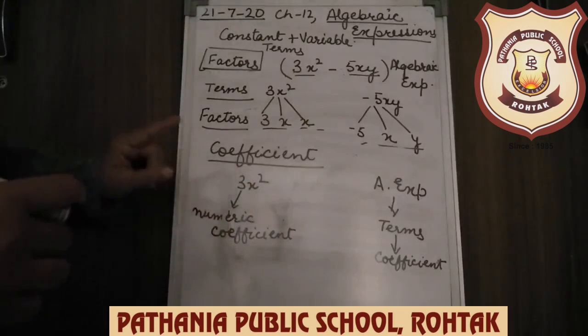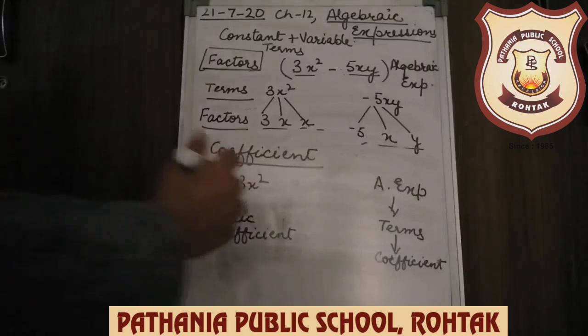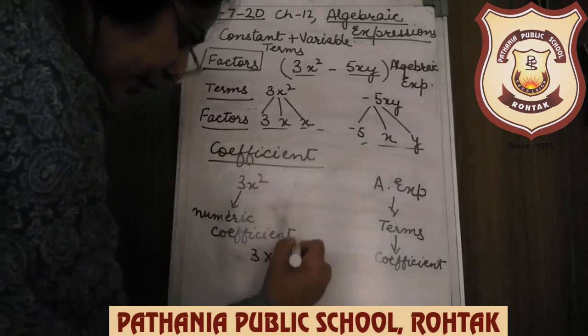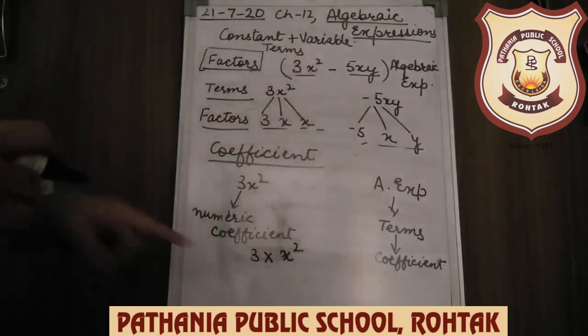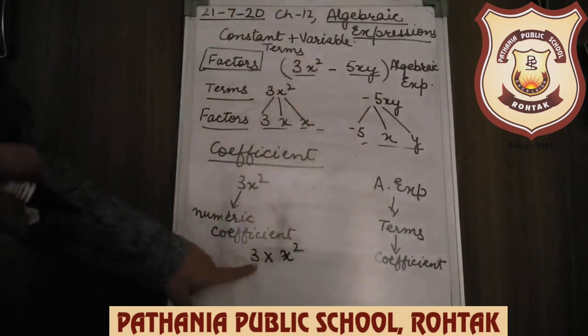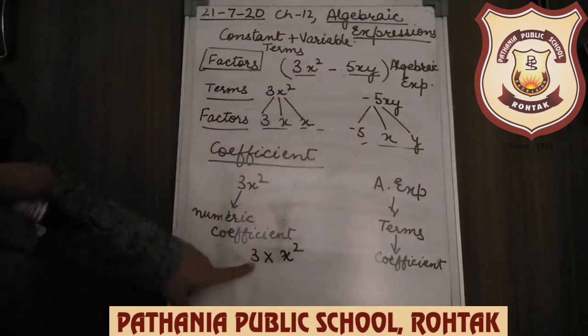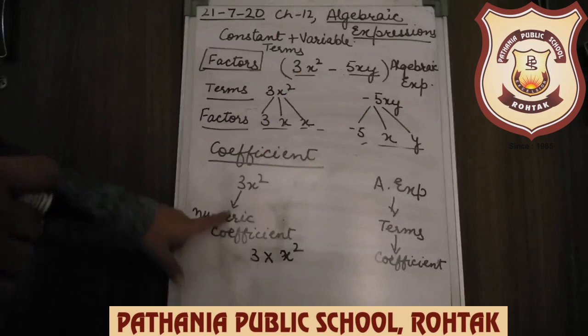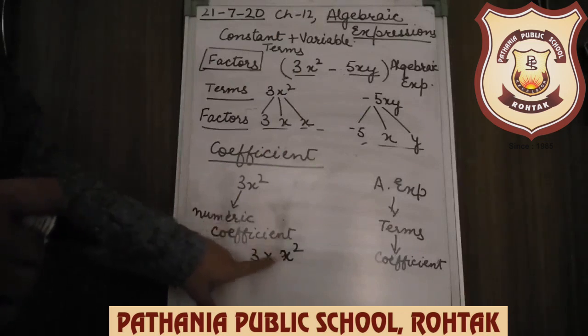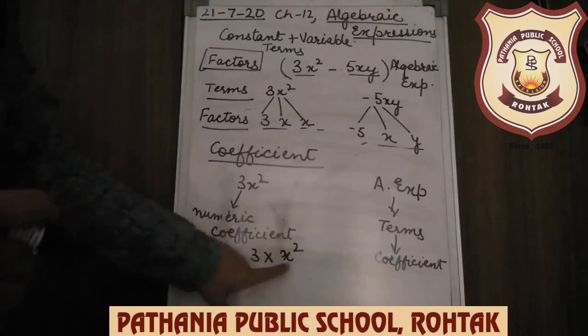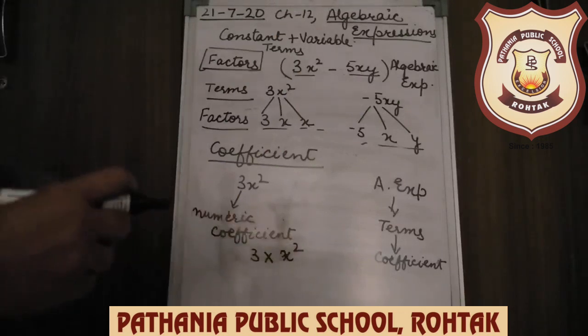Means, if I write it like this, the variable and the constant, they are separated. So this part, the number part, is called the numeric coefficient. It is multiplied with the variable.